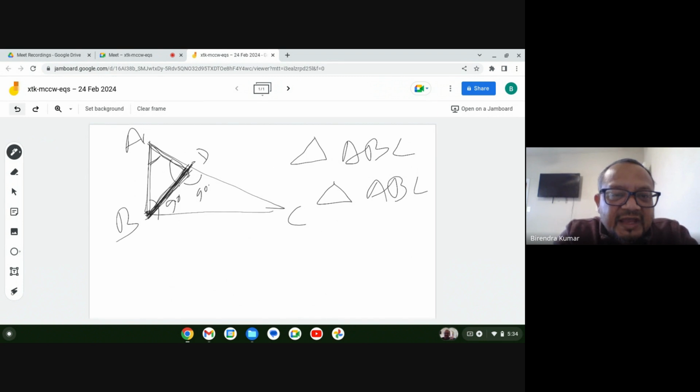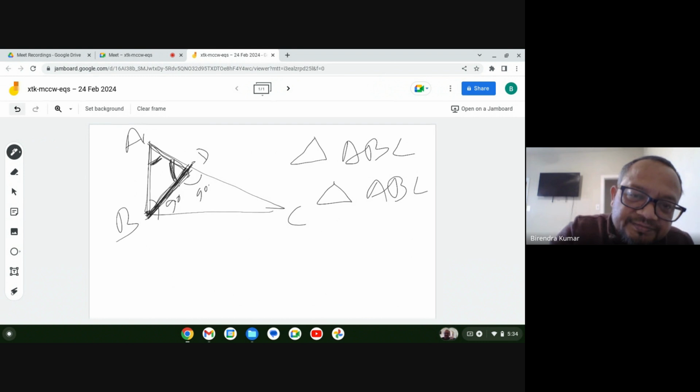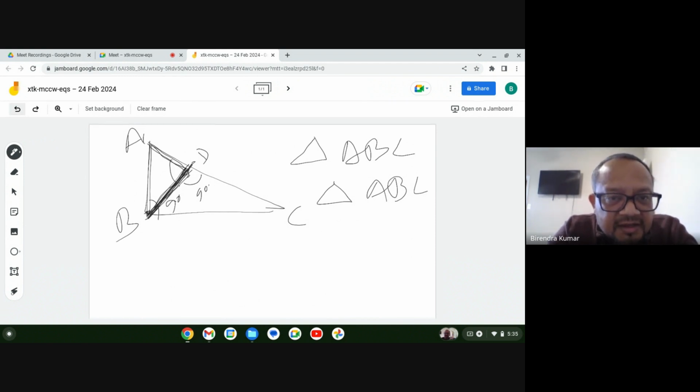What we found was this angle was matching in both the triangles, right? Angle A is common in both the triangles. And we found that this angle, which is 90-degree, meaning angle ADB or BDA, is 90-degree in the child triangle, and this angle ABC is 90-degree because this is a right angle triangle.